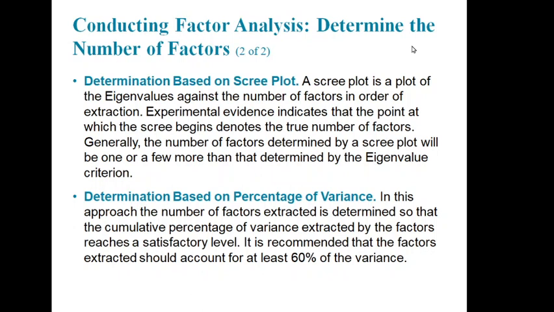Then there is another type called determination based on percentage of variance. In this approach, the number of factors extracted is determined so that the cumulative percent of variance extracted by the factors reaches a satisfactory level. It is recommended that the factors extracted should account for at least 60% of the variance. If you get at least 60% of variance, you select those factors.